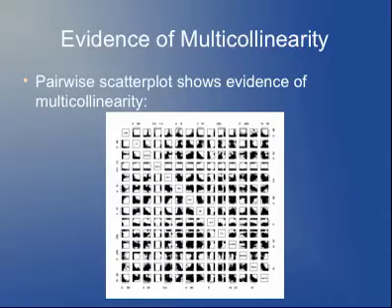In general, it's pretty obvious that we're not seeing just random scatter here, that a lot of these variables are correlated with one another. That suggests that multicollinearity is going to be an issue, and that if we use some type of penalized regression, we might do better than if we just mindlessly apply ordinary least squares.